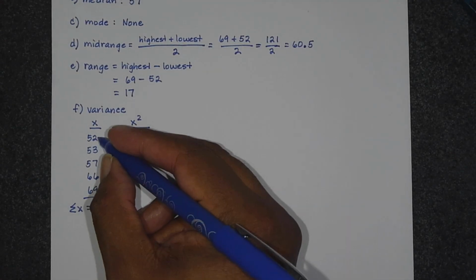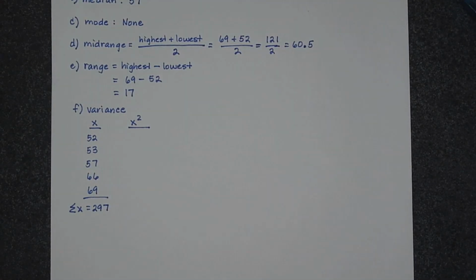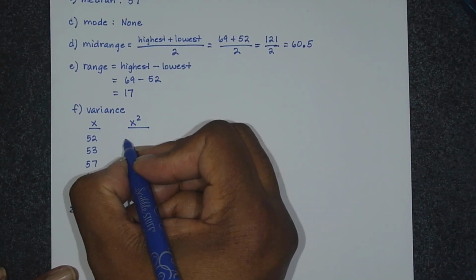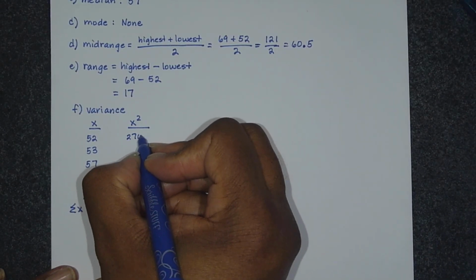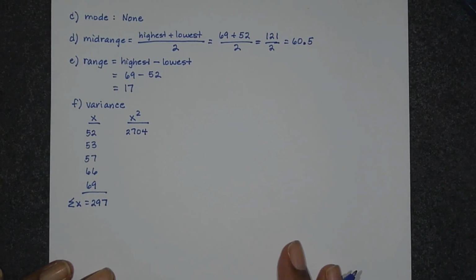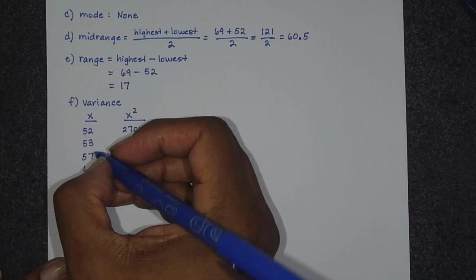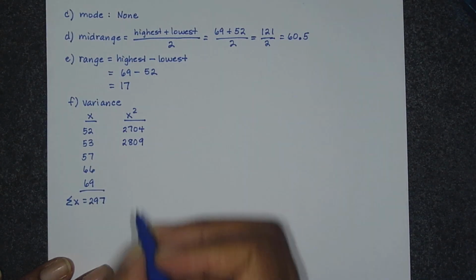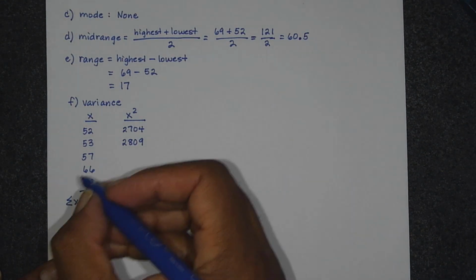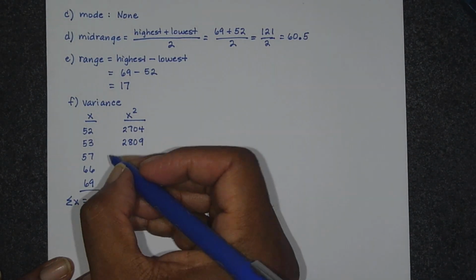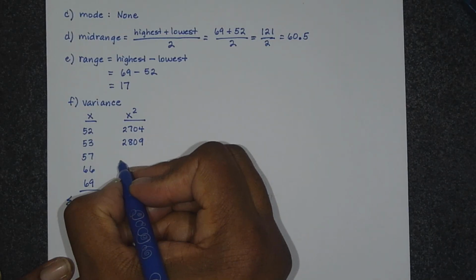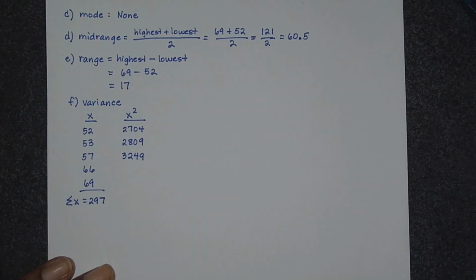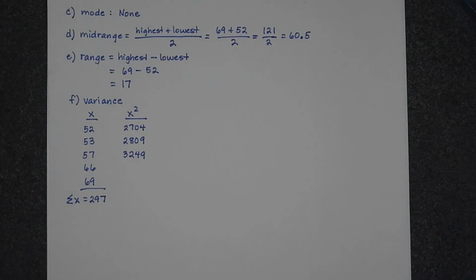Now we just have to square each one of these data values. So if we square 52, that's 52 times 52, that would be 2,704. Square the 53, you should get 2,809. And then 57 squared would be 3,249.